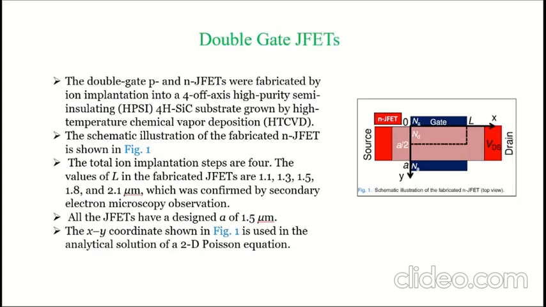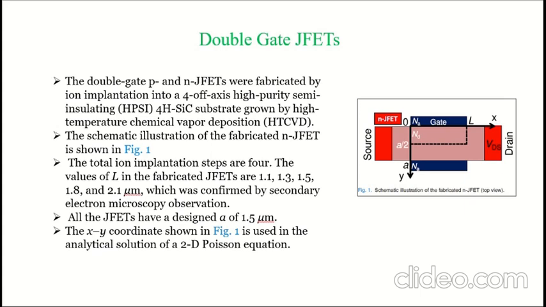Double gate JFETs. The double gate P and N JFETs were fabricated by ion implantation into 4H-SiC substrate grown by high temperature chemical vapor deposition method. The schematic diagram of the fabricated n-JFET is shown in the figure. The total ion implantation steps are 4.